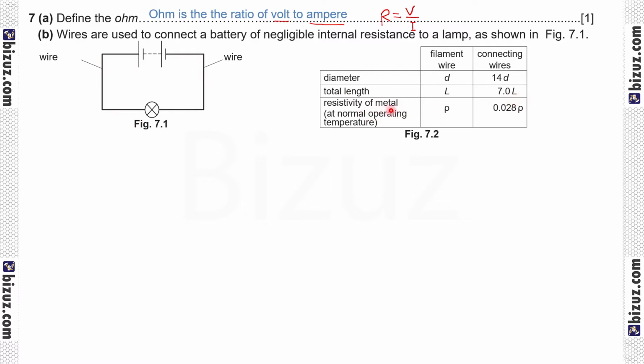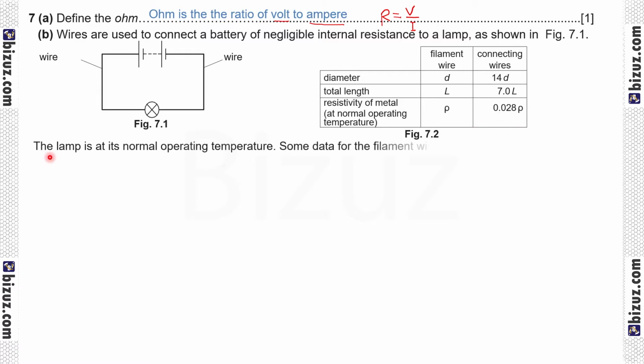Resistivity of metal for filament: the wire is made up of some metal and the resistivity of that metal is rho, and the resistivity of the material of the connecting wire is 0.028 rho.